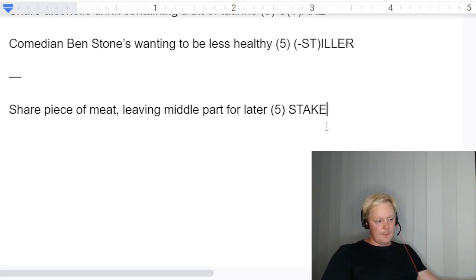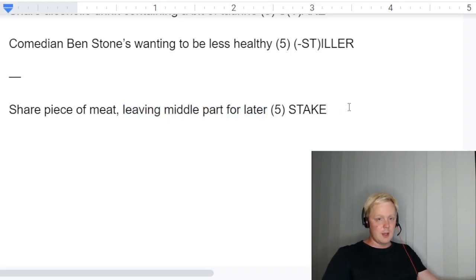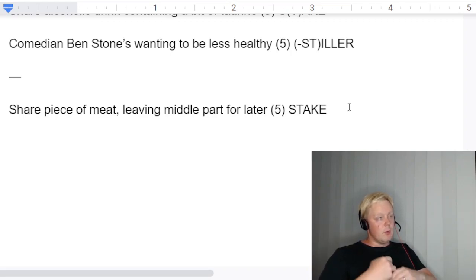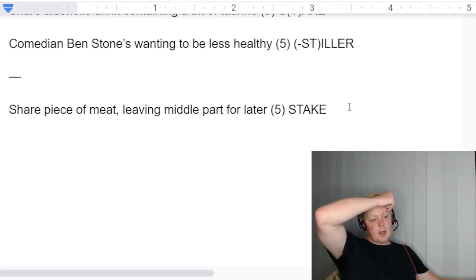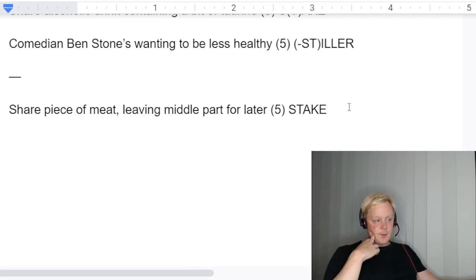And this might be indicated by something like, obviously this is a non-standard indicator, leaving something for later, but it could be something simpler like moving west, center moving west, or moving up, or moving towards the front, or something like that, meaning that a letter is moving, or a part of the word is moving in some direction.